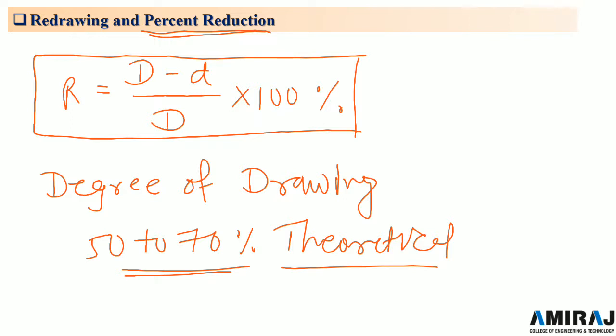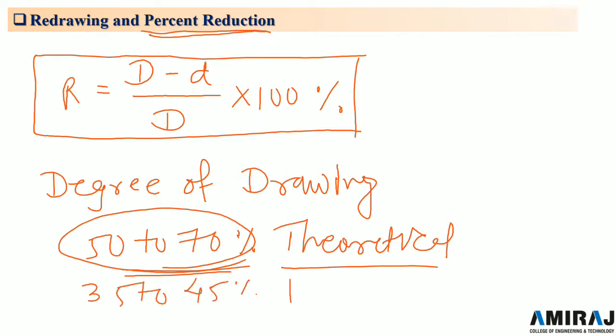Now this theoretical value depends on the ductility of the material, while in the practical case it ranges from 35 to 45%. This is the practical value. But why is there this huge difference?